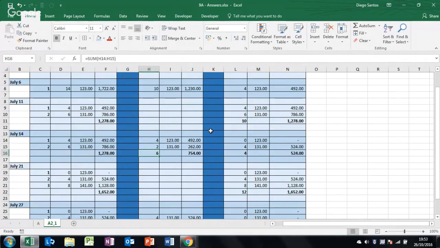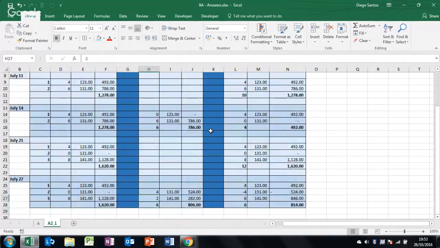So if we sold 6 units and we have 6 units in this category, we'll compute all of this, and we won't need to sell any unit of the price range of 123.